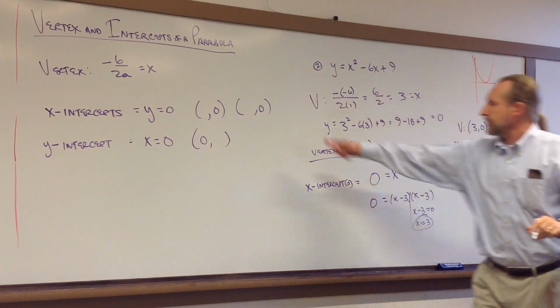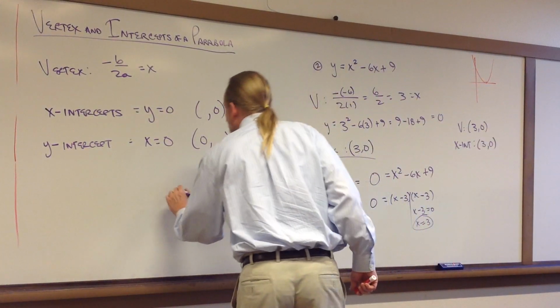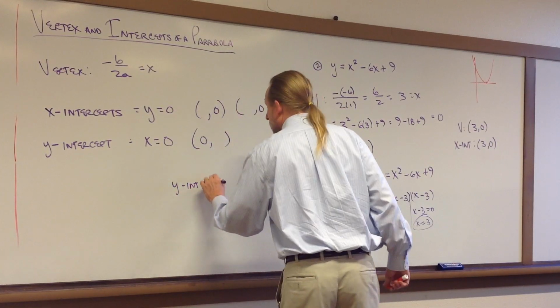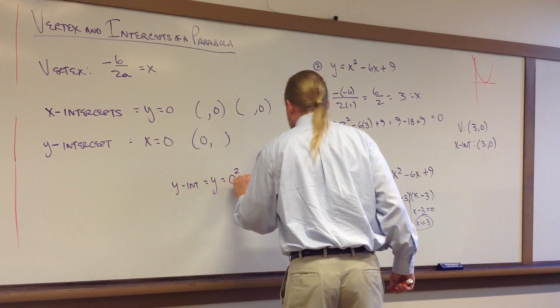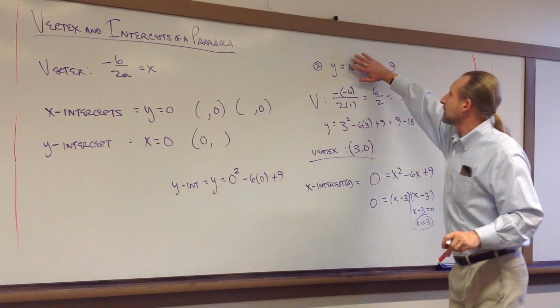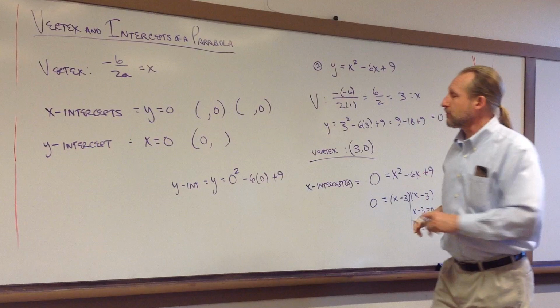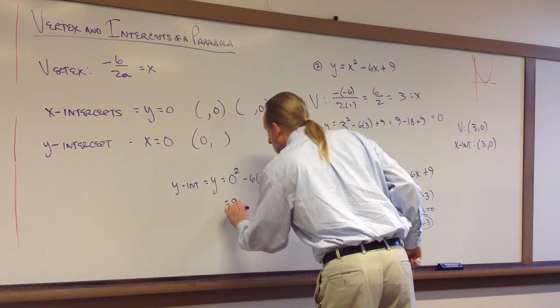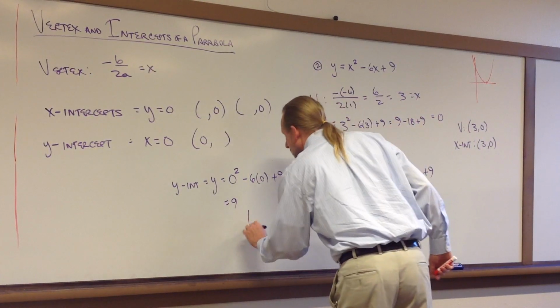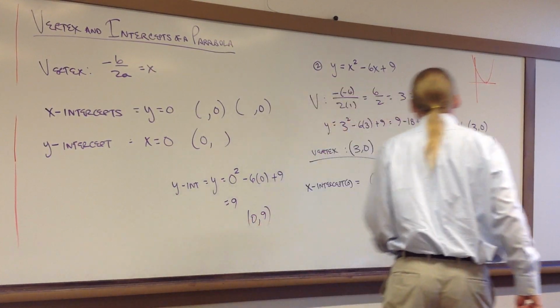The y-intercept is usually pretty easy to find. All you've got to do is make x 0, which means that anything that has an x in it is going to disappear, and we're just going to get y equals 9. So our y-intercept is the point (0, 9).